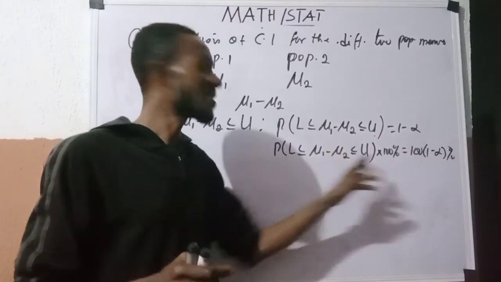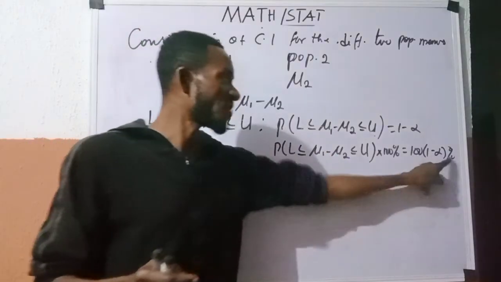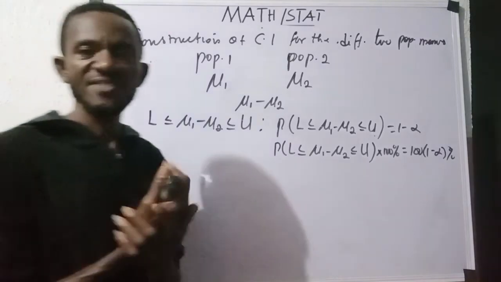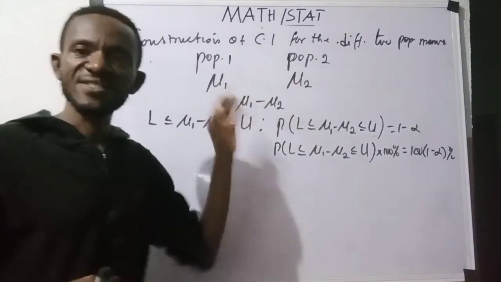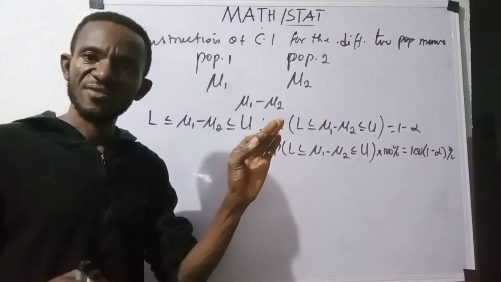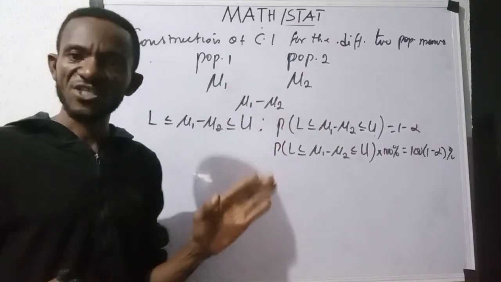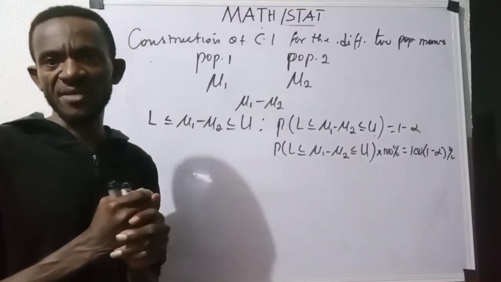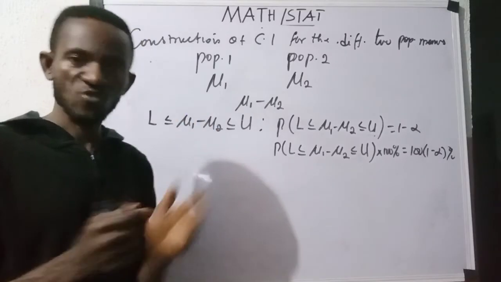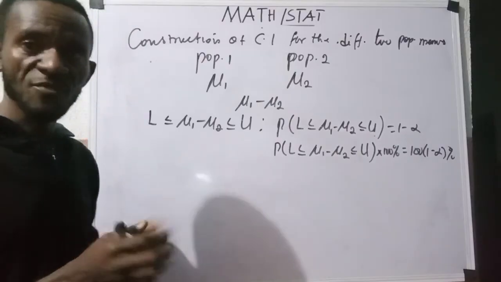The same thing applies with the alpha level of significance. We are equally going to do all these based on conditions, and we are going to specify those conditions on the board. That's what we are doing for two population means.